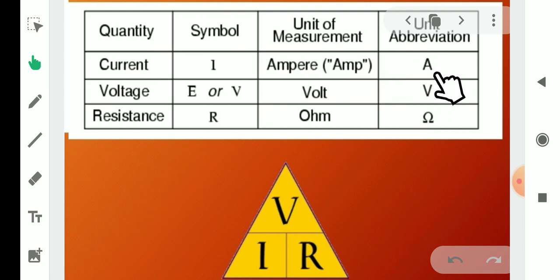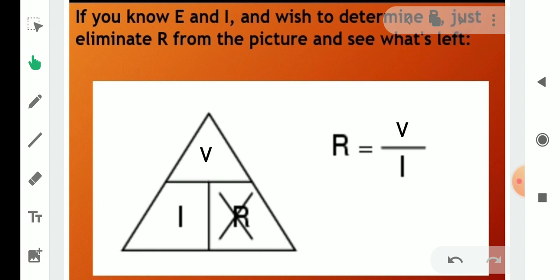Abbreviation capital A. Voltage is denoted by the symbol V, or in some textbooks it is denoted by E, and the unit is volt, abbreviated by capital V. Resistance R, unit is ohm, and its abbreviation is omega. It is read as omega. If you know, E means voltage. Okay. Voltage and electric current.